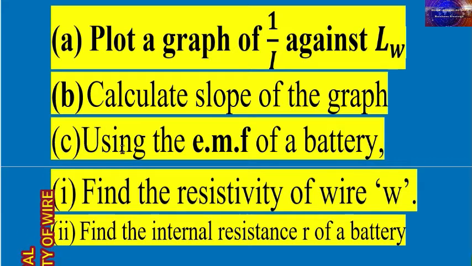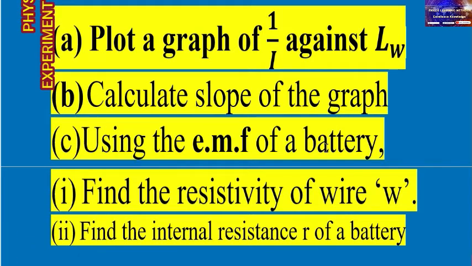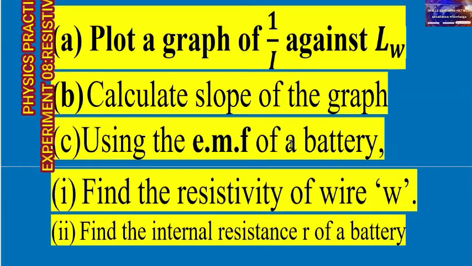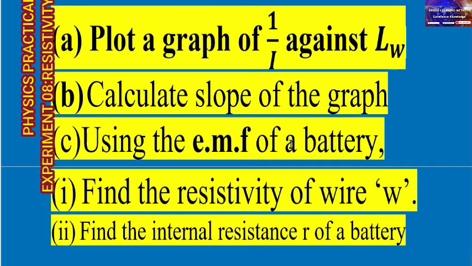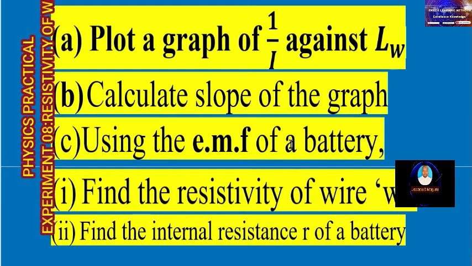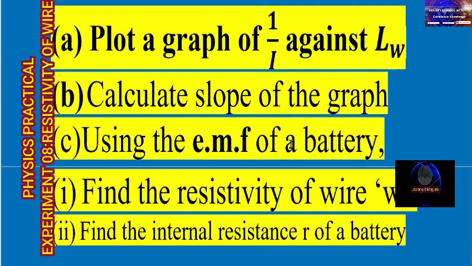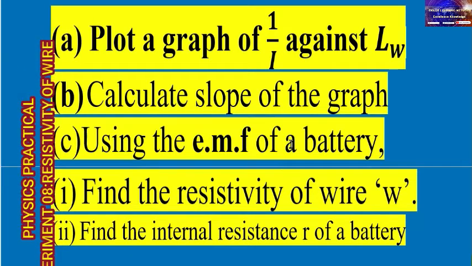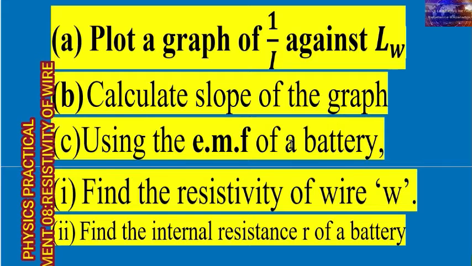In question 3, you have been told to use the EMF of a battery. So which EMF? The important thing here is that EMF is the voltage when current is not flowing through the battery. It means we have to take a voltmeter to measure the EMF of that battery before performing the experiment.